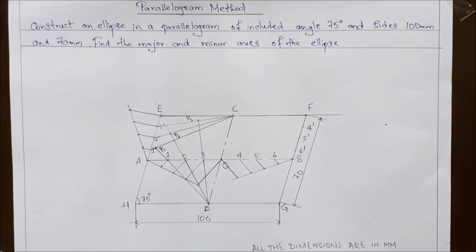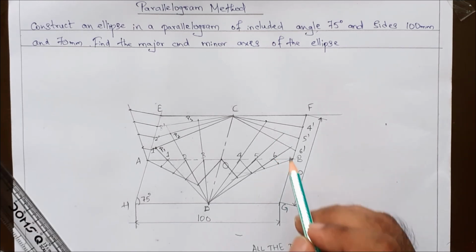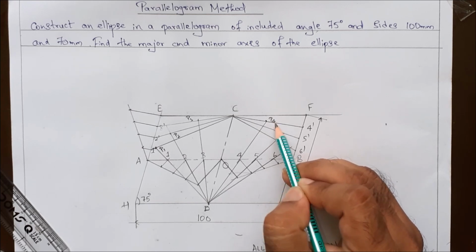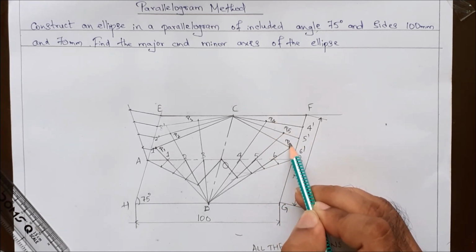Now let's join the point C with 4 dash, 5 dash and 6 dash and the point D with 4, 5 and 6. Now extend these lines to meet the lines of 4 dash, 5 dash and 6 dash. Now let's name these points as P4, P5 and P6.